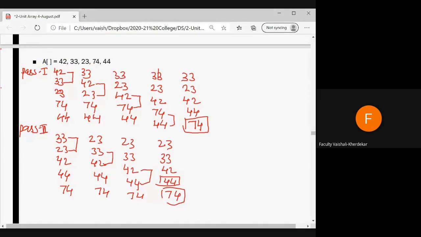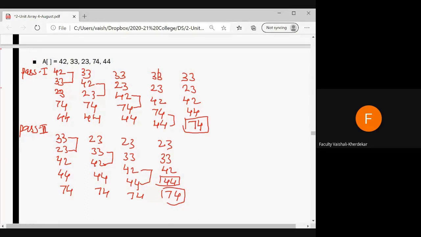In this way these are compared. This is pass 1, then how many passes are there? Here two loops are required, one is the outer loop and another is the inner loop. We start from the first element, comparing first with second, second with third, third with fourth, fourth with fifth.